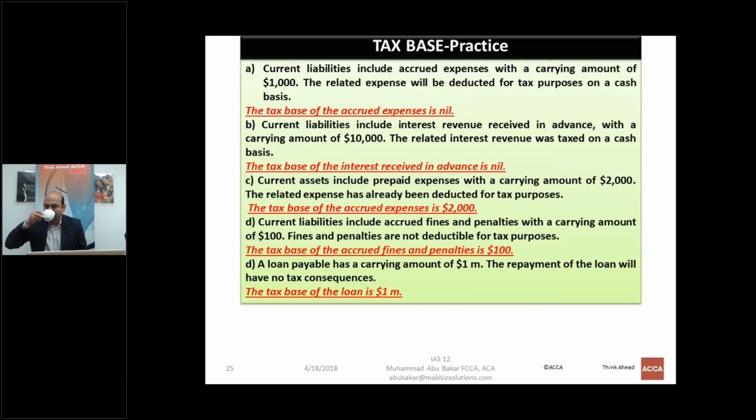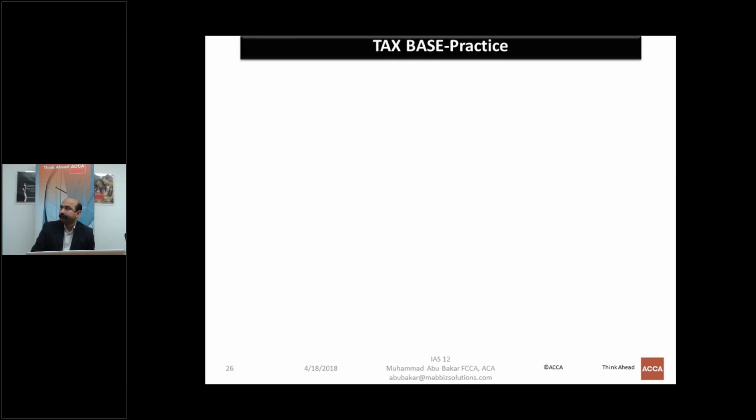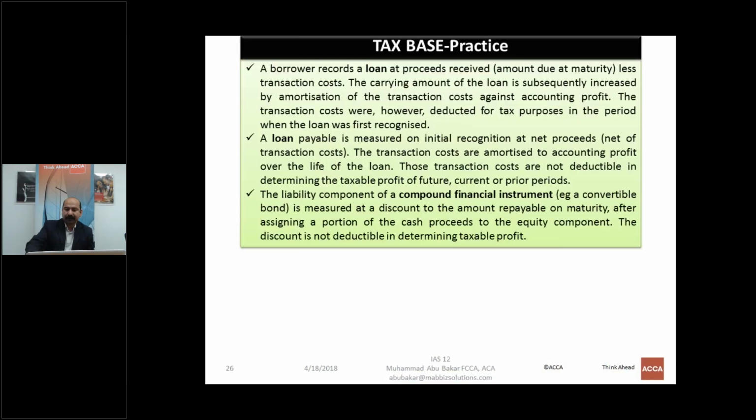Okay. Welcome back. We were discussing tax base. Few more examples. See, a borrower records a loan at proceeds received, amount due at maturity less transaction cost. The carrying amount of the loan is subsequently increased by amortization of the transaction cost against accounting profit.